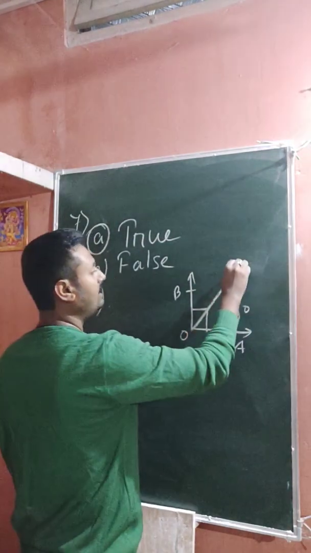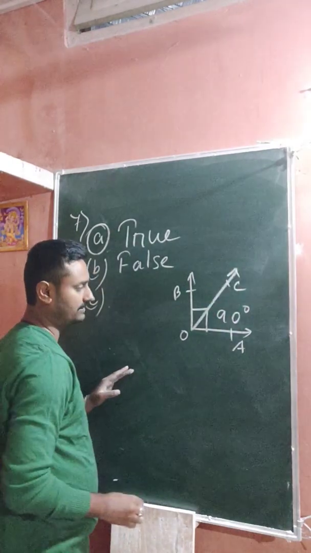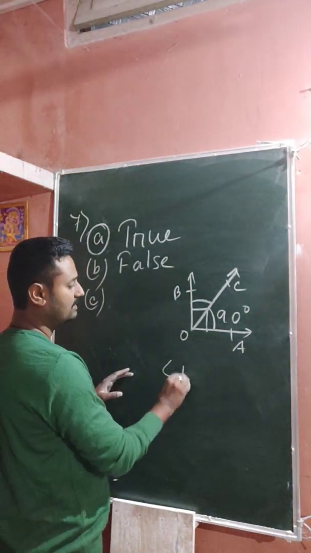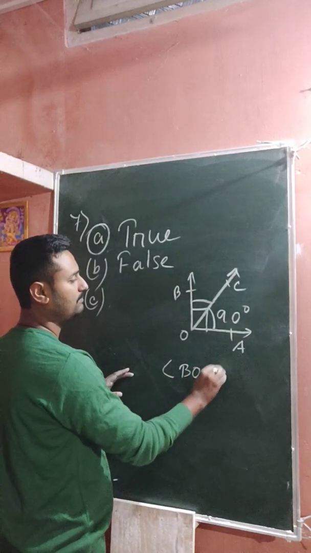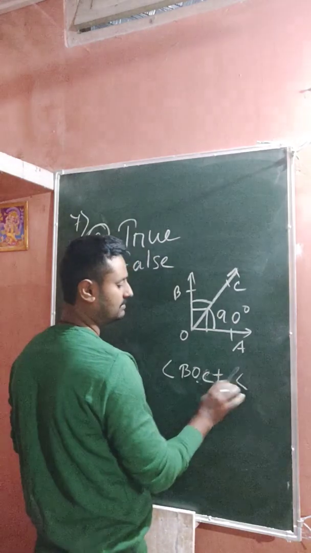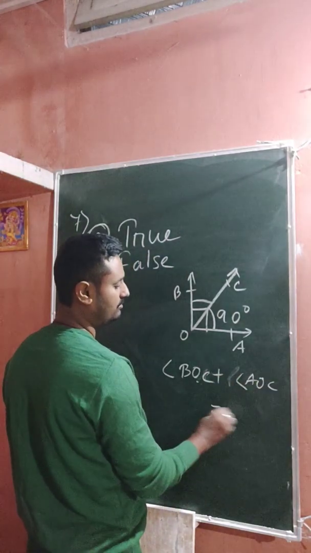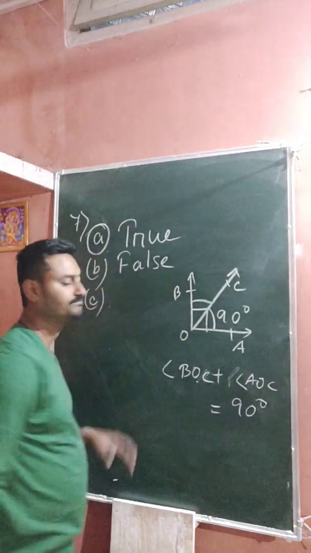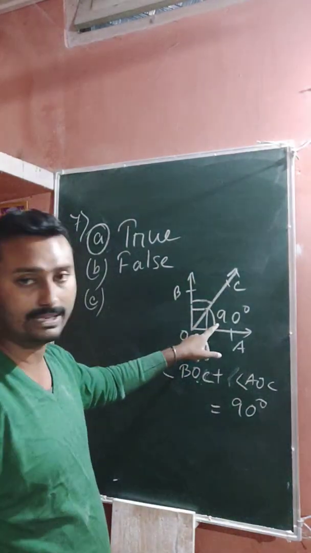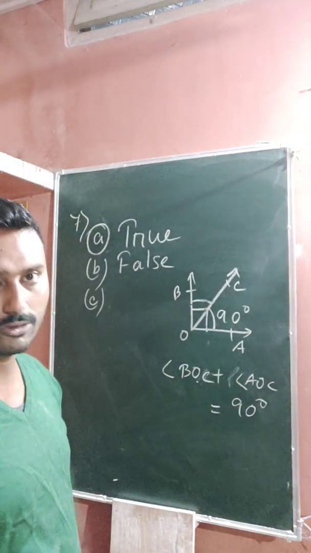Suppose you draw a line OC. Then angle BOC plus angle AOC will be 90 degrees, which means these two angles are complementary to each other.